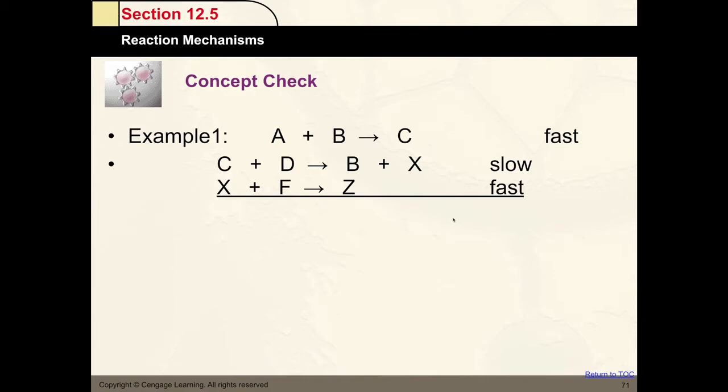You can see things that agree with each other on the same side or disagree, or are the same on opposite sides of the arrows. Those are going to cancel to give you the final A plus D plus F arrow Z. The B's cancel and the C's cancel.